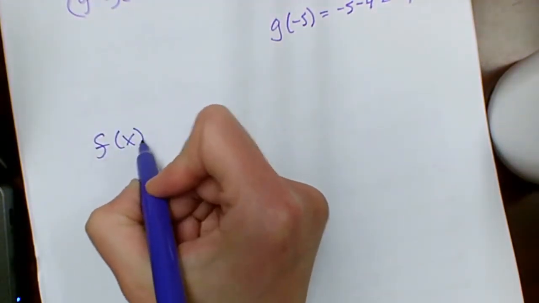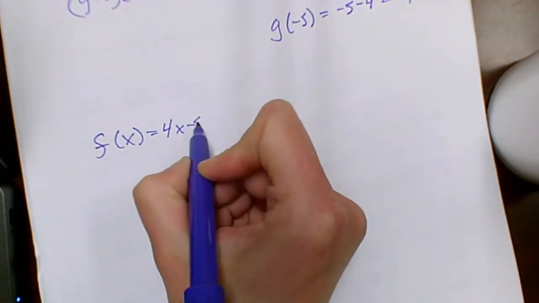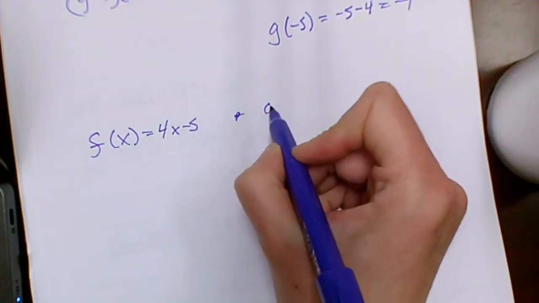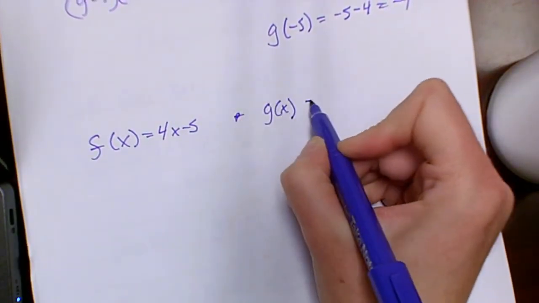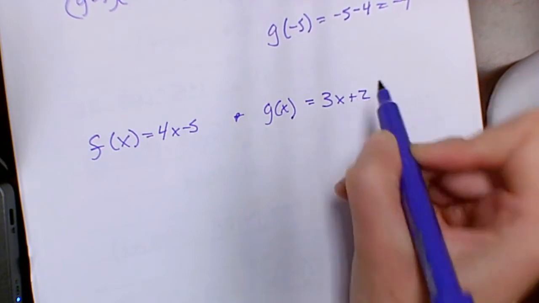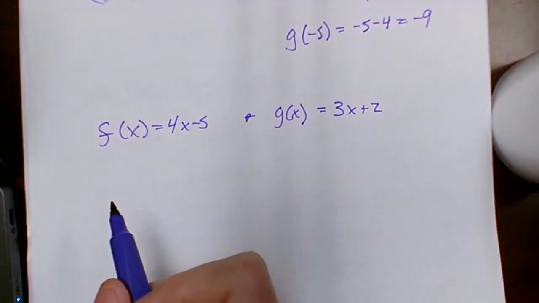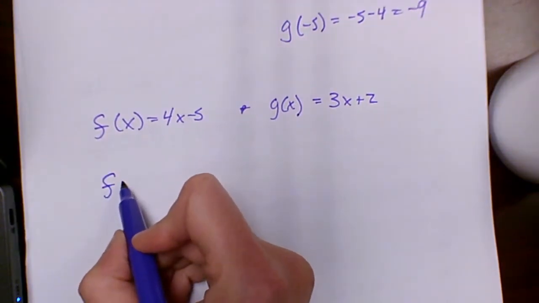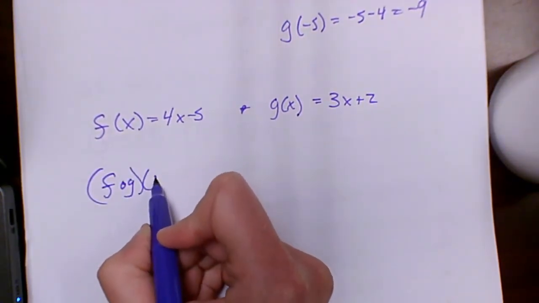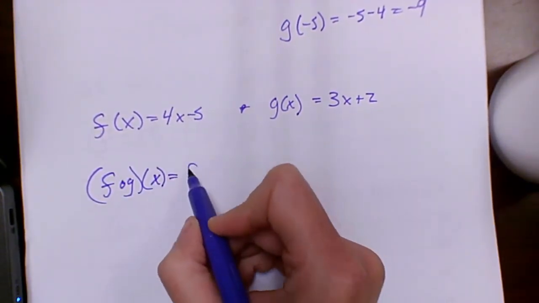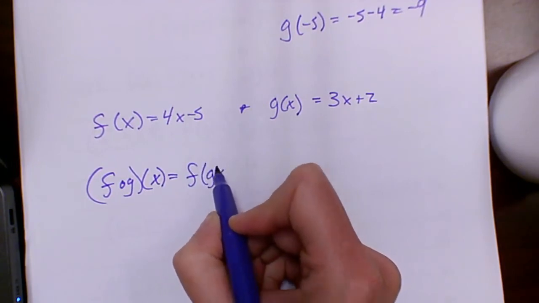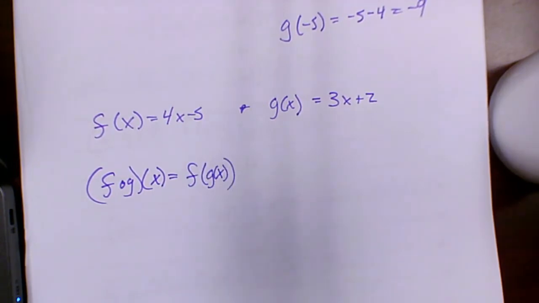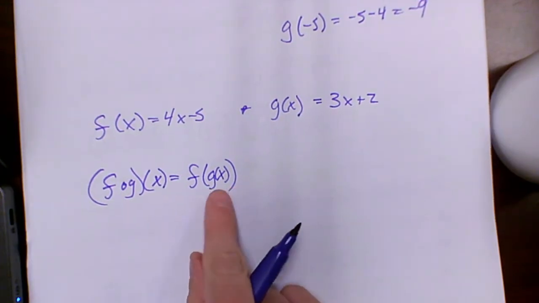F of x equals 4x minus 5, and g of x equals 3x plus 2. So let's go ahead and go f of g of x. And I like to write it in this format.